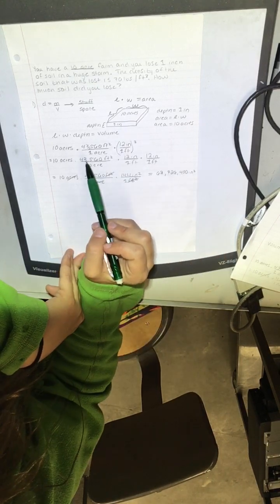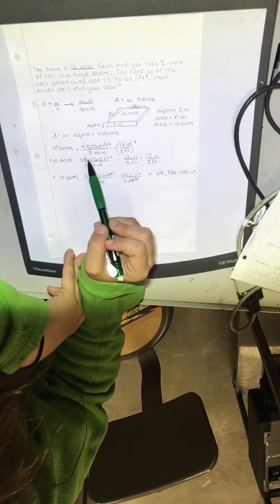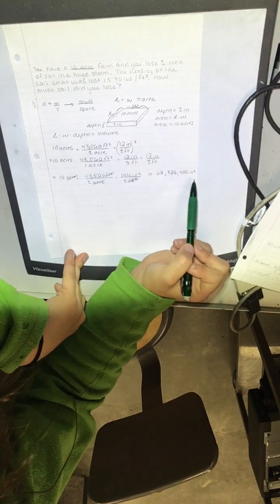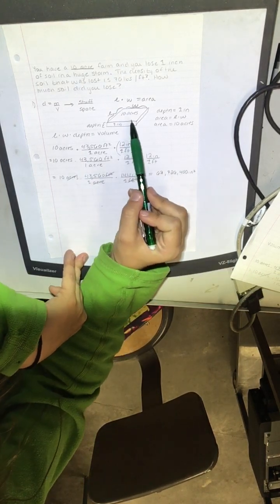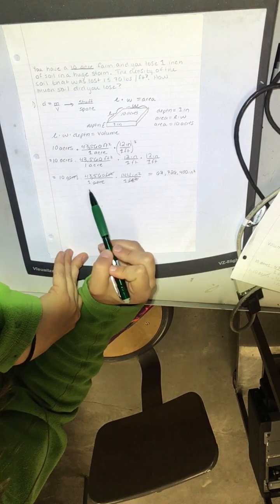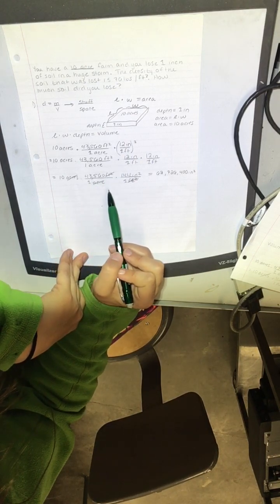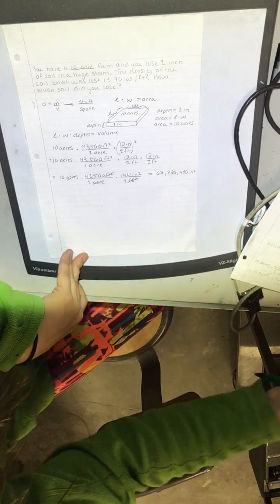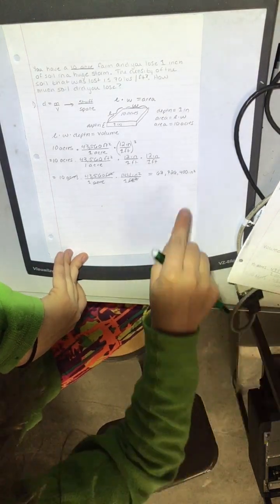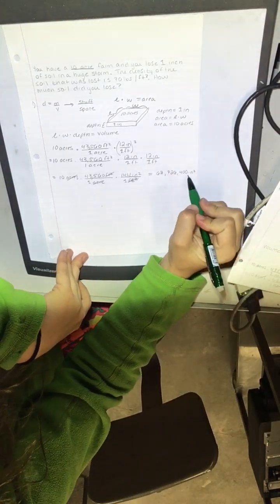Which is why we use something big like an acre to represent that type of area. But it's an area nonetheless. It's inches squared, and this acre is 43,560 feet squared.